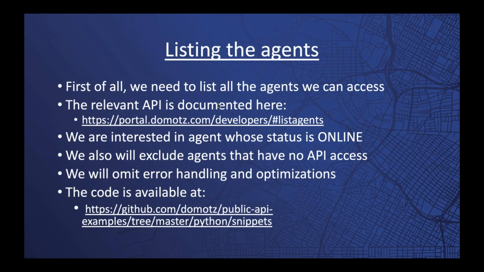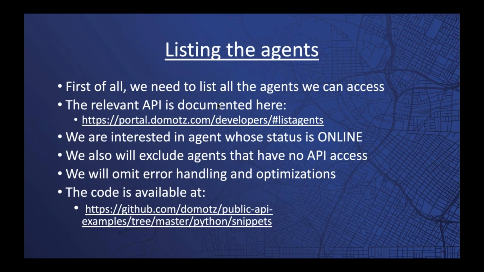Okay, in order to get the snapshot, we need to list all the agents. We have already seen the resource used to list all the agents we have access to, and I'm going to show where the documentation is. For getting snapshots, we are interested in agents that are online.